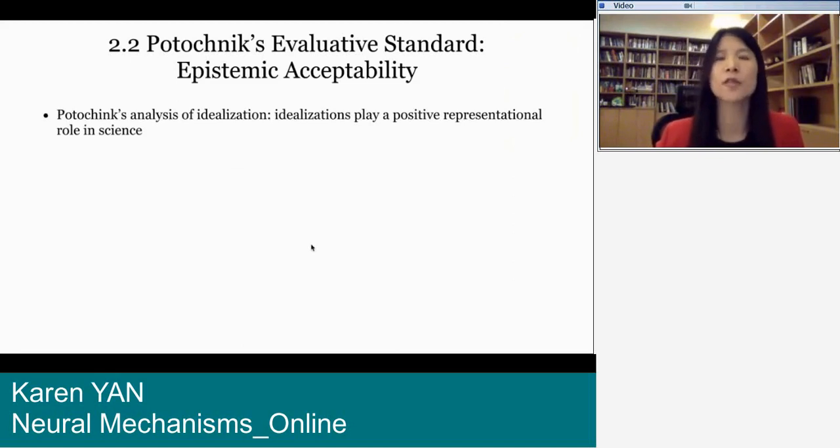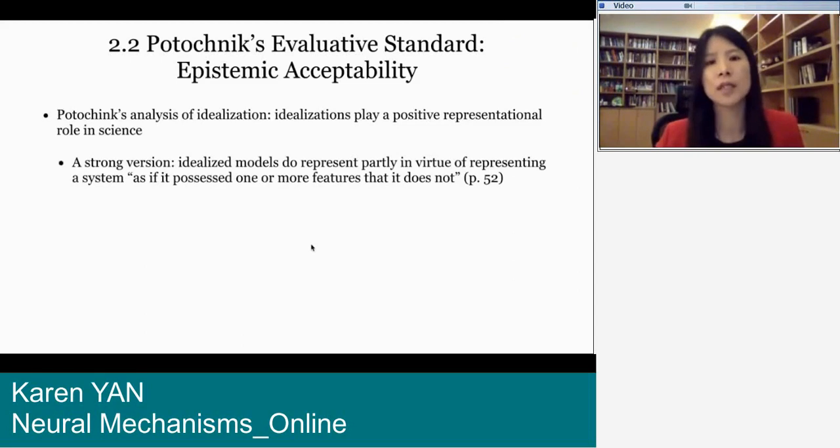Some philosophers think that idealization mainly plays the role of eliminating irrelevant features from a model. And Potochnik actually holds a stronger view. She thinks that idealized models do represent, partly in virtue of representing a system as if it possessed one or more features that it does not.